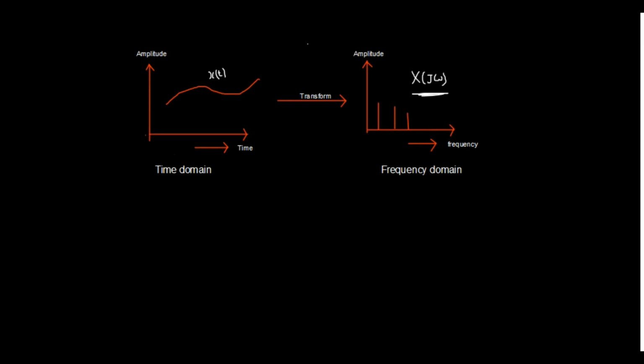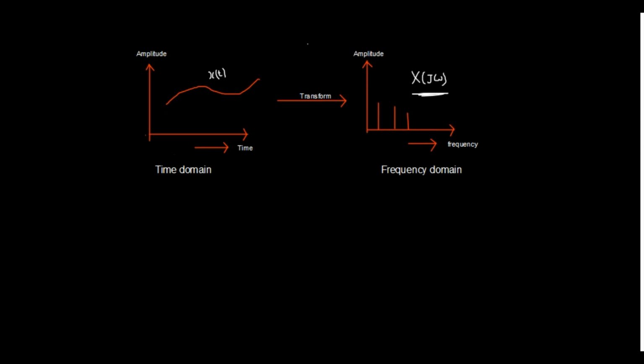So what is the reason for transforming from time domain to frequency domain? The simple answer is that in frequency domain we can analyze and get the result easily. That's why we transform a signal from time domain to frequency domain.